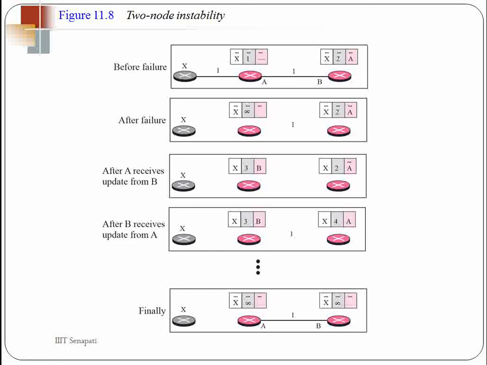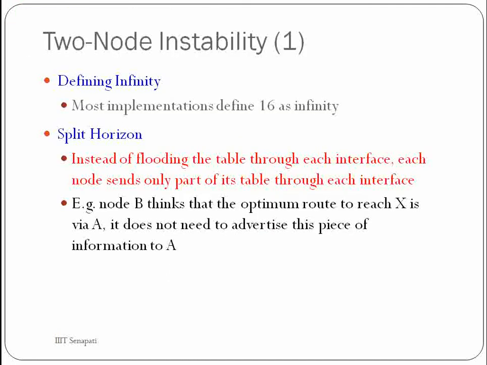Then in this case, what can you do? Let us assume first of all that we can define infinity. In most implementations, we actually define 16 as infinity. Now understand what we call split horizon.